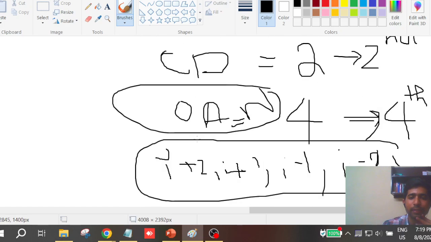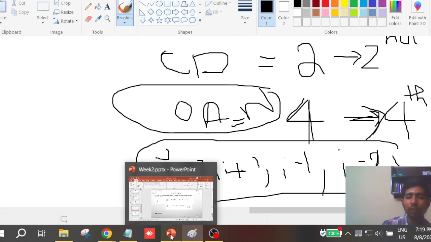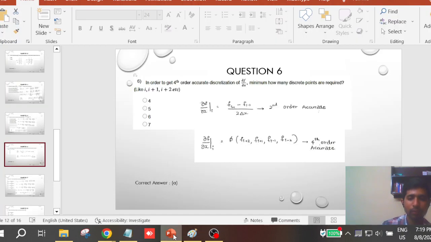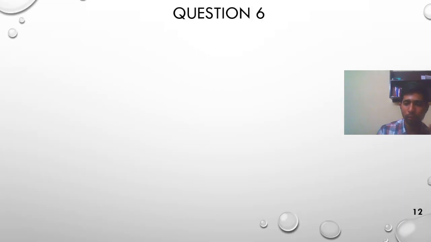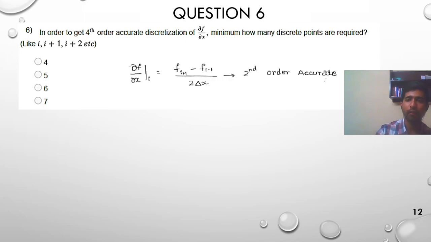Whereas if you are using a central difference scheme with 4 points, you will get a fourth order accurate scheme. So with central difference, you will always get better accuracy with fewer grid points. That is why most of us use central difference scheme. We don't use forward or backward difference.